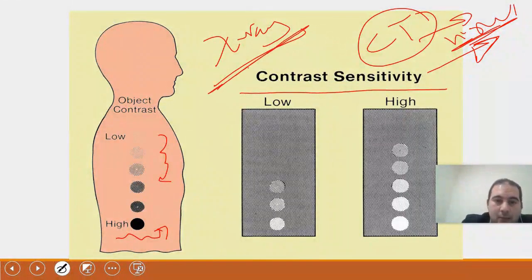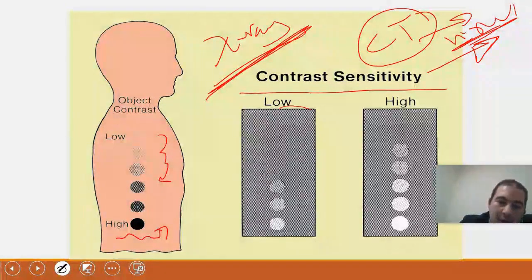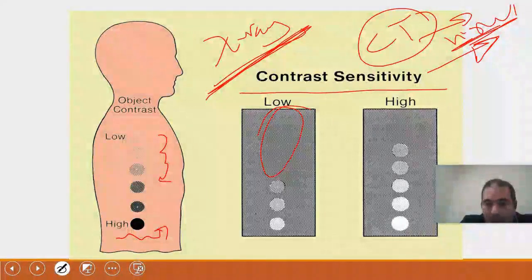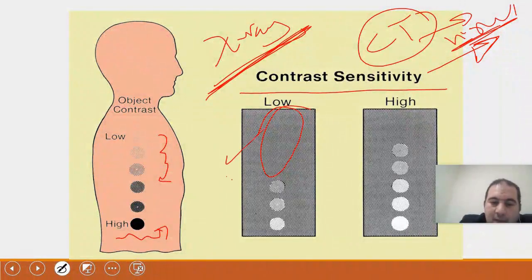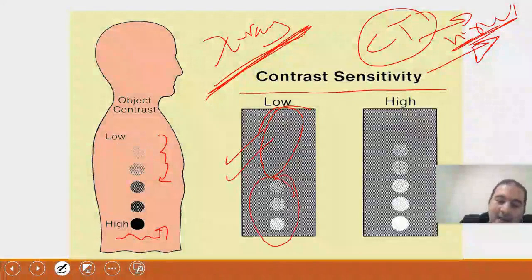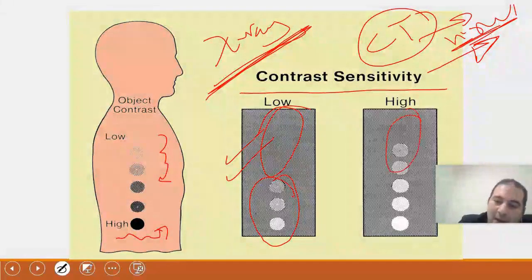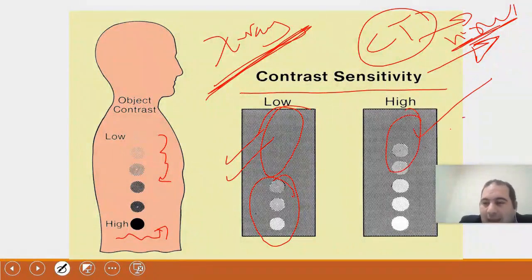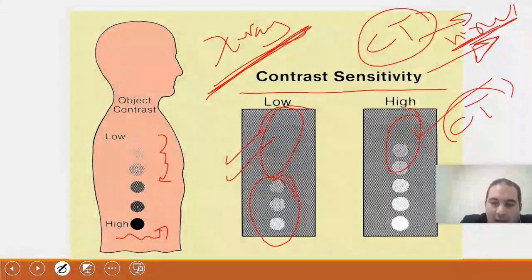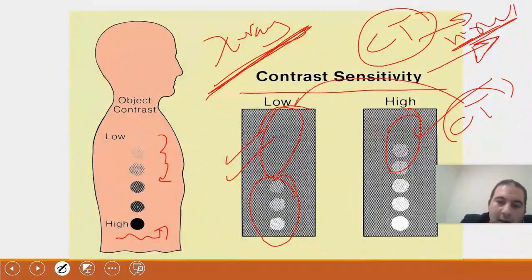So you'll find that in X-ray, if something has low density, it is hard to detect, whereas high density objects are more easily detectable. If you talk about CT, you'll find that this story is not present. You might be able to do detection with a device like CT compared with X-ray.